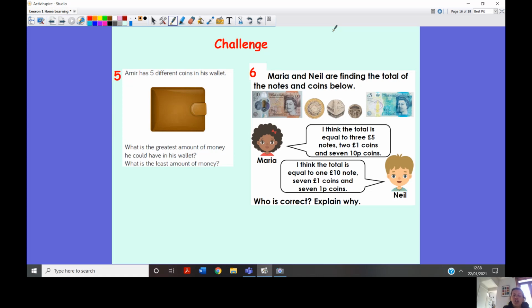And you've got to decide who is correct and explain why. I'm not going to give you the answer for this. This is going to be something that you are going to complete independently. And if you've decided to do the challenge, when you upload your work onto Seesaw, we'll be able to see if you've got it correct or not. And I'll go through it at the start of the next lesson.